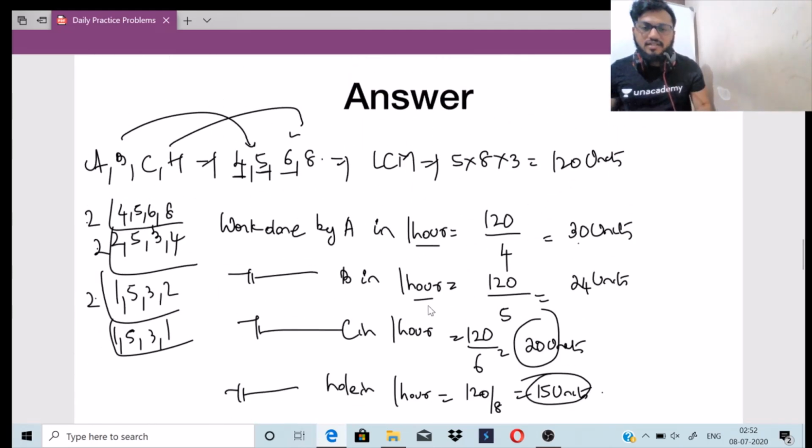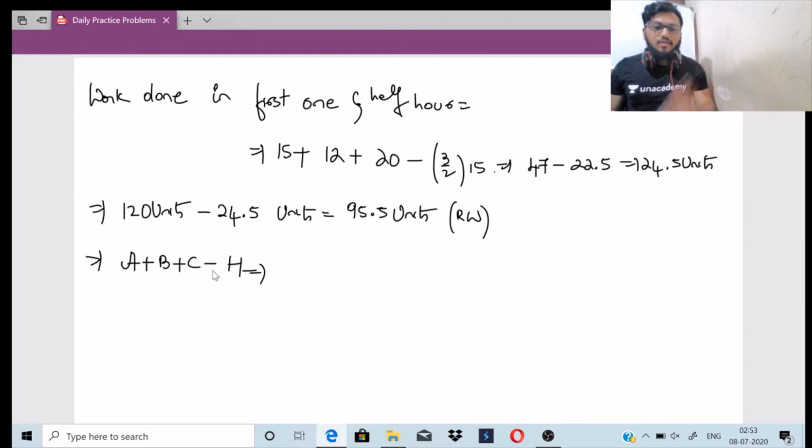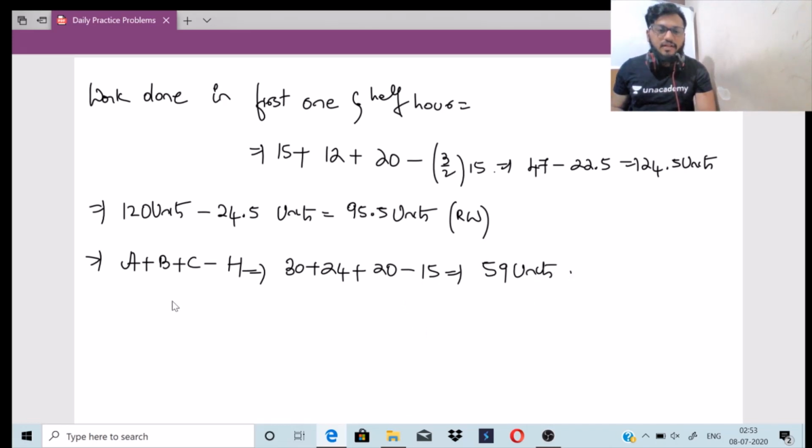So 30 plus 24 plus 20 minus 15. 30 plus 24 is 54, 54 plus 20 is 74, 74 minus 15 is 59 units, right? So in 1 hour, 59 units of work will be completed.